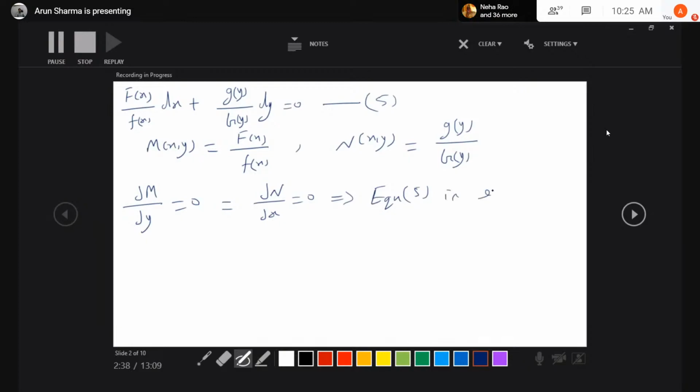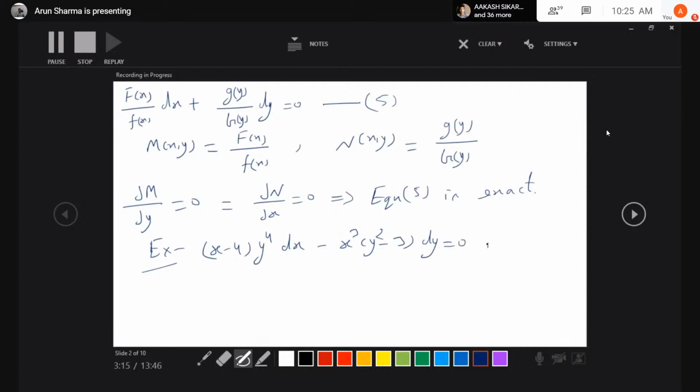So let's take this example: (x minus 4y to the power 4) dx minus (x cube y square minus 3) dy equals to 0.